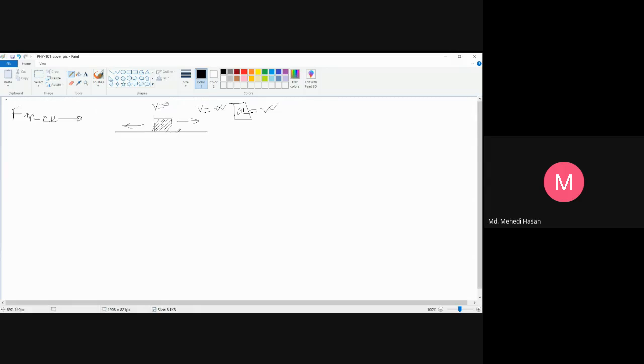Now if we apply some force on an object, either in the rightward direction or leftward direction, or making an angle, there will be a resistance produced by the object to move.